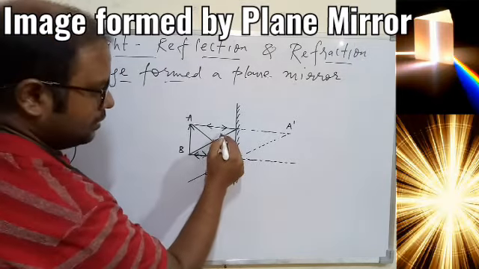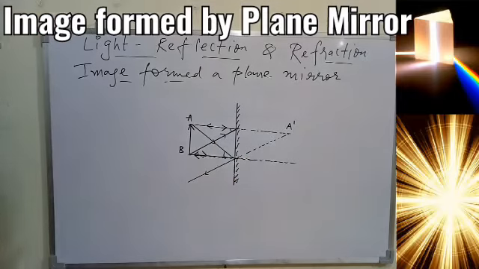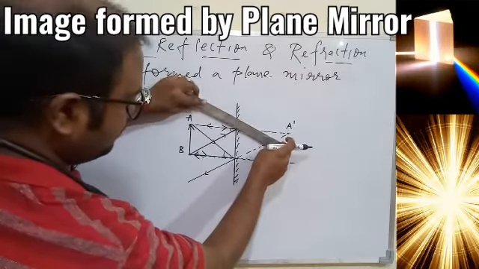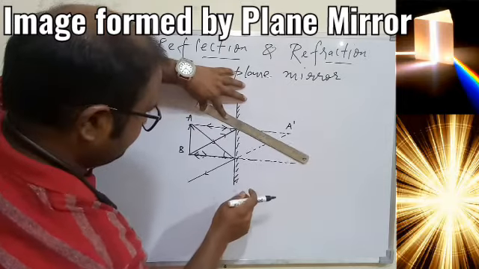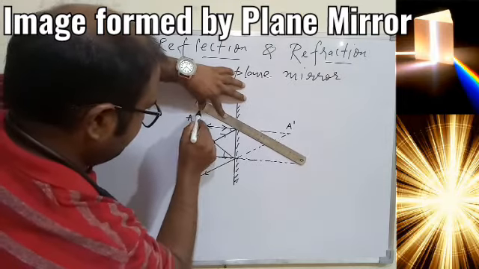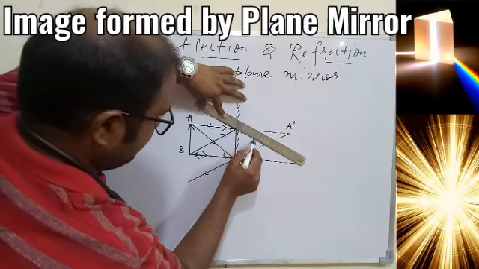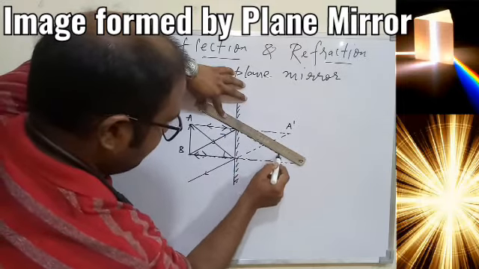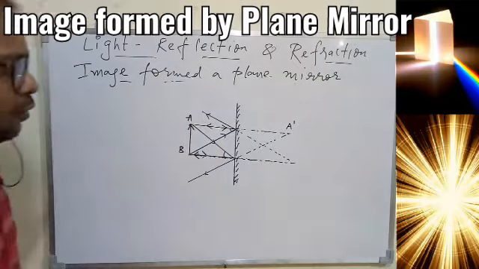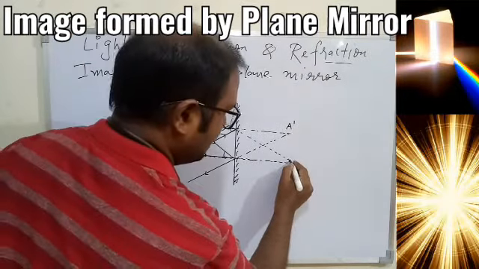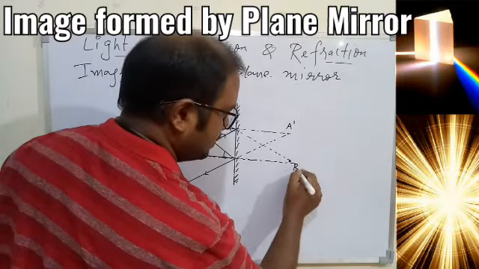From the same point, this is the incident ray, and this is acting as the incident angle. So the same angle we have to measure on the other side. But here we must take the help of the protractor, which I don't have this time. So overall, wherever these rays meet, this point is nothing but the image of point B.